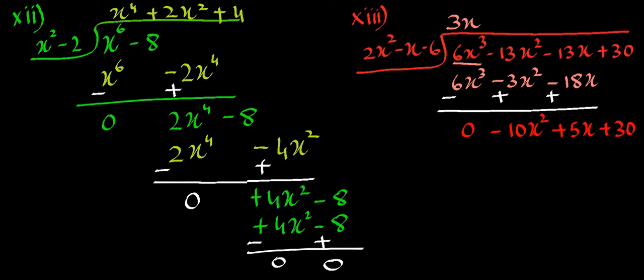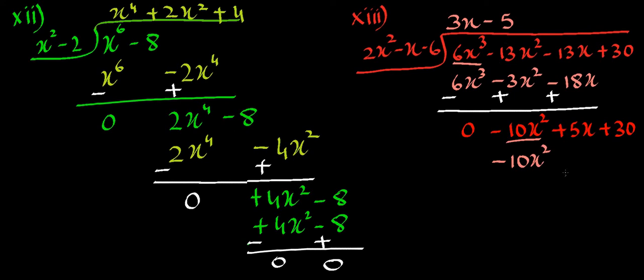What happens next? Our new target, minus 10x square. Now 2 multiplied by 5 will give me 10. But I need a minus 10, so I'll have to multiply it with a negative 5. 5 multiplied by 2 will give me 10, and x square will be as it is coming down. So I have minus 10x square.